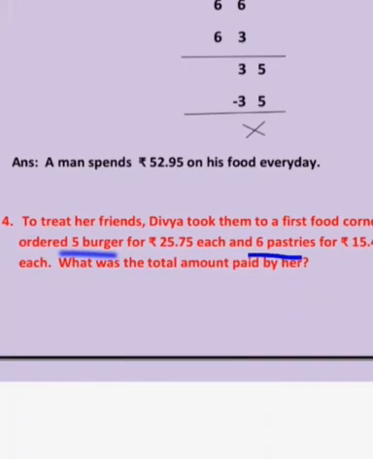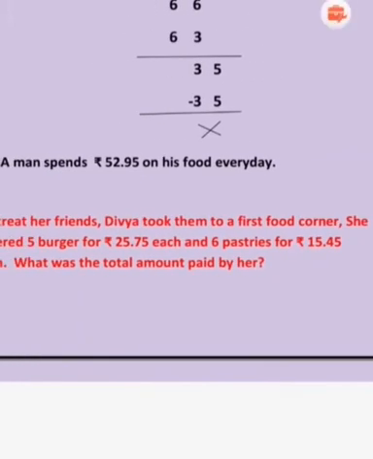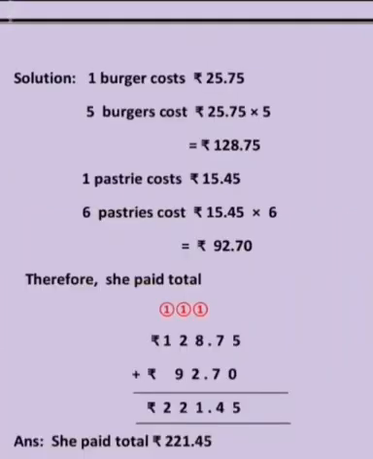Read carefully: 5 burgers at rupees 25.75 each, and pastries at rupees 15.45 each. You have to find out what was the total amount paid by her. Let's start.